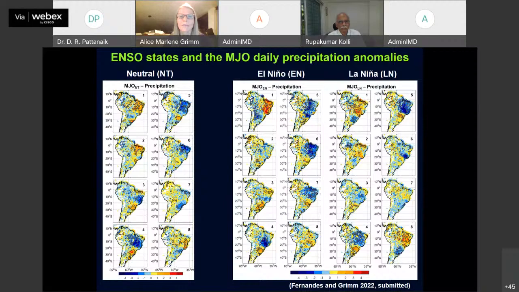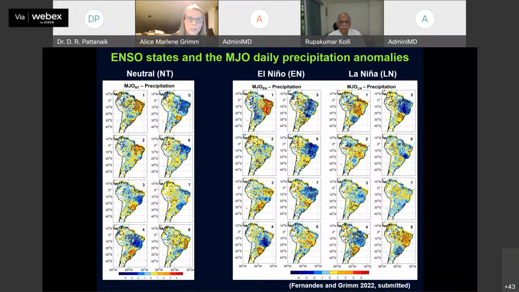It's not OLR, where we can see the effect of enhanced subsidence here during El Nino, over Northeast South America, whereas during La Nina, you can see that the subsidence is weaker, and we have even enhanced precipitation here.